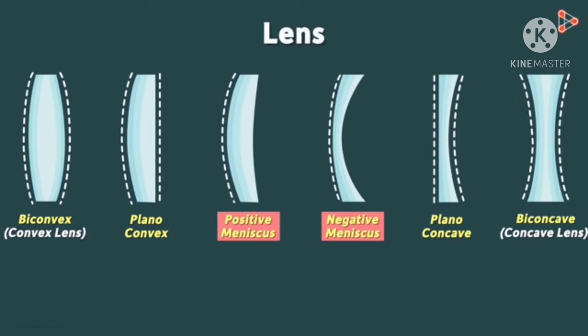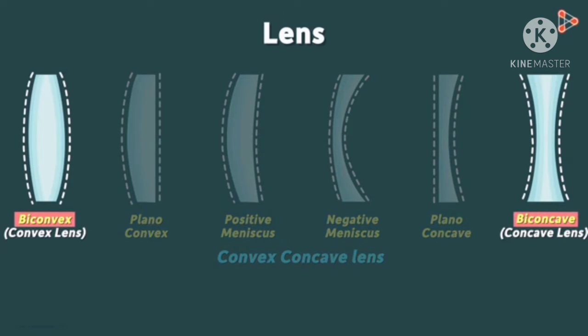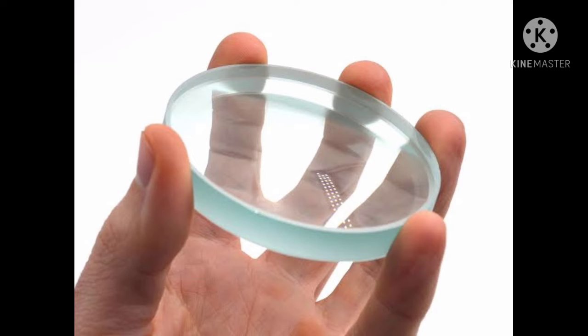When one surface is plane and the other surface is convex, that is plano-convex. Like this we have six types of lenses. Convexo-concave: we can merge convex and concave surfaces too.